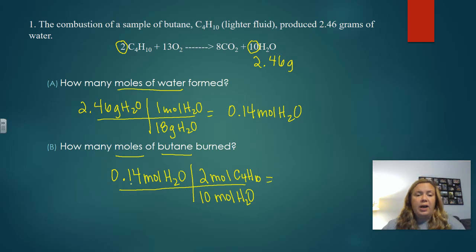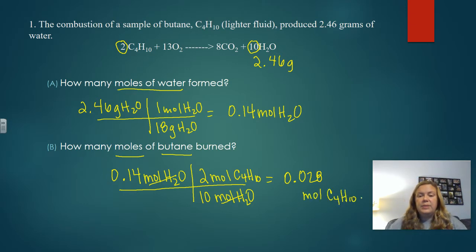I'm going to calculate that because I can cancel out my moles of water and get moles of butane. So I have 0.14, and I'm going to multiply that by 2 and divide it by 10. So I'm going to get 0.028, and that's moles of butane.